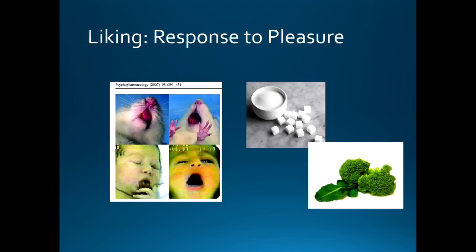So again, this is this momentary response to pleasure, and you see for liking, these kind of tongue protrusions, licking behaviors, and for disliking, in response to bitter taste, you see mouth gaping, and I know it looks kind of similar in the pictures there, but the idea is that there's these observable differences. So liking looks very similar across species.